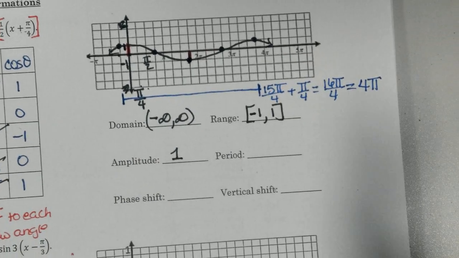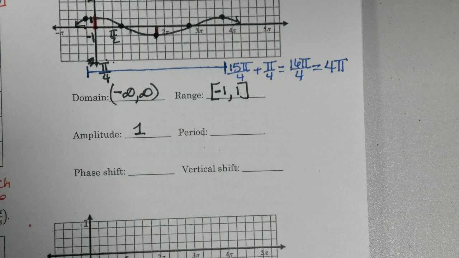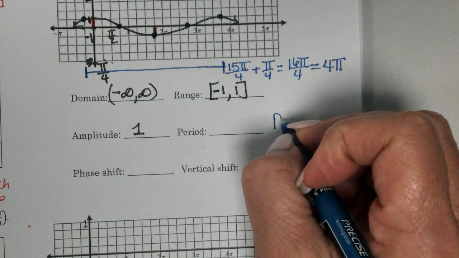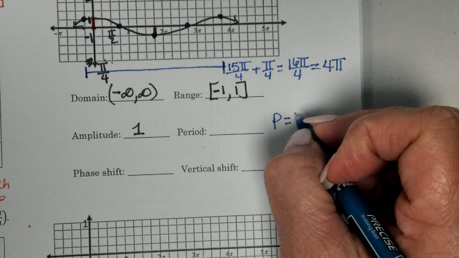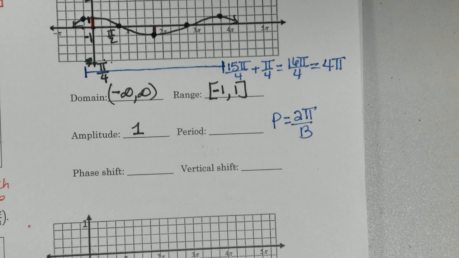Now, here is the formula for finding the period. Period is equal to 2 pi over b. What is b in this situation? 1/2.